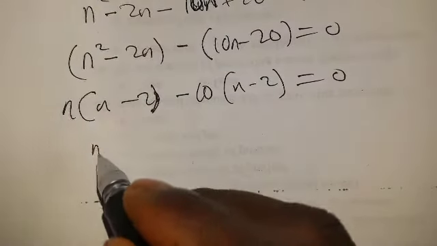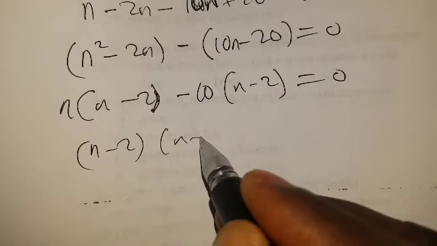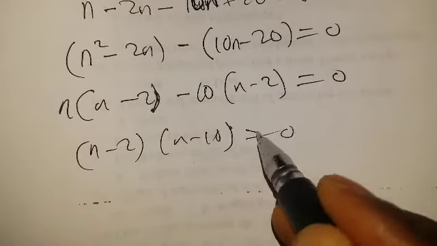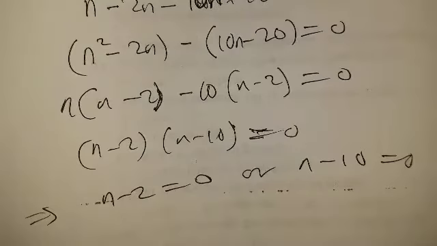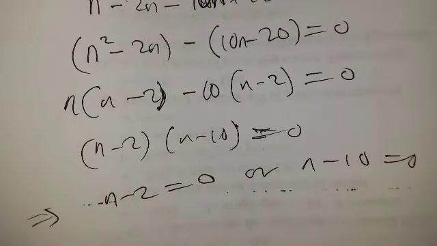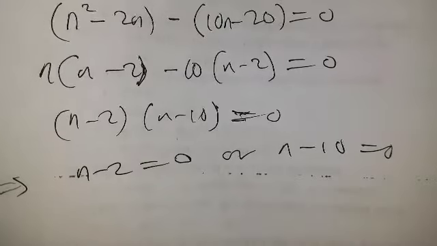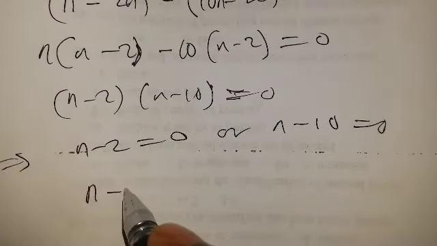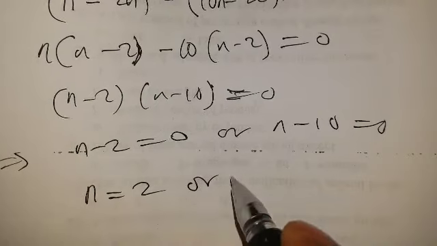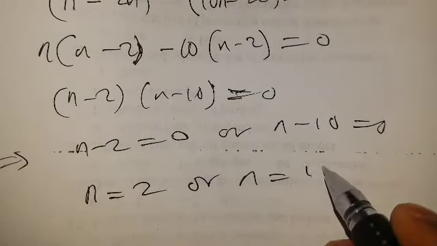So now we have (n minus 2)(n minus 10) equals 0. So this implies that n equals 2 or n equals 10.